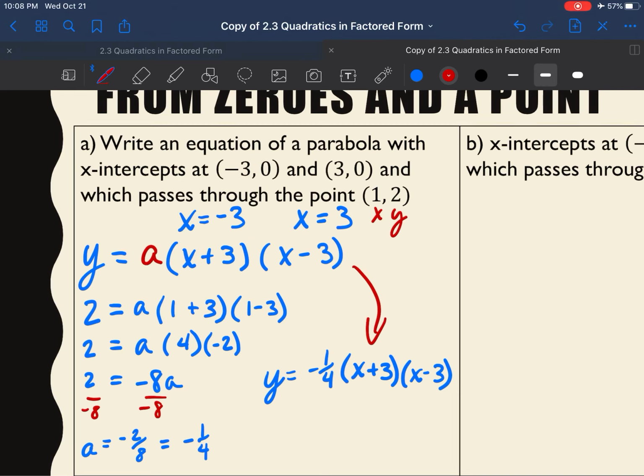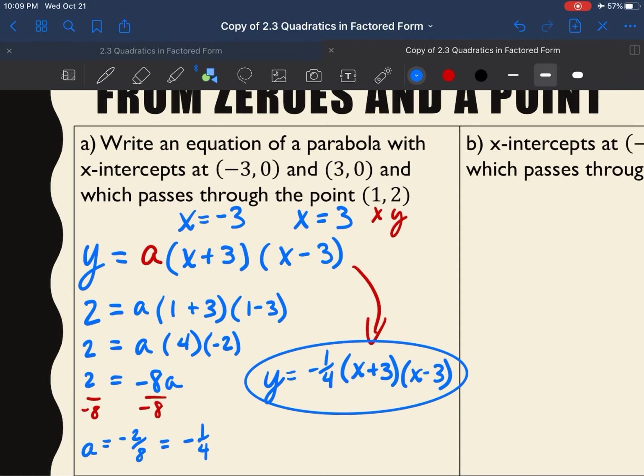Now, from here, ideally, you would multiply all of this together. So you would distribute the x plus 3 times x minus 3, and then you multiply by -1/4. But for the sake of saving time, let's just call this the answer.